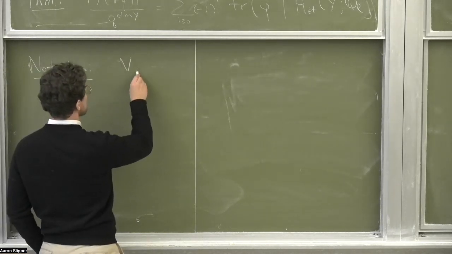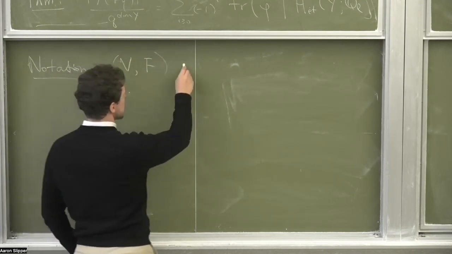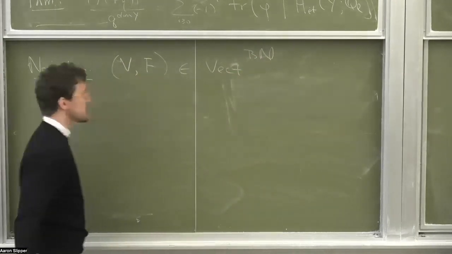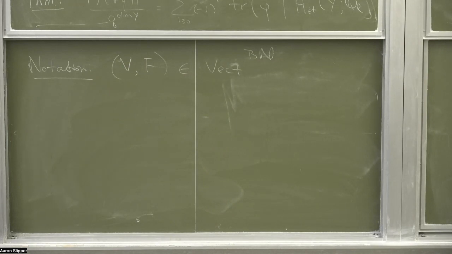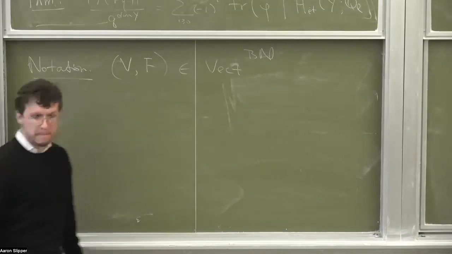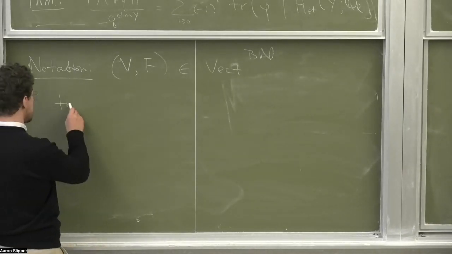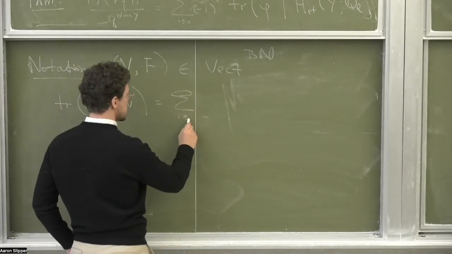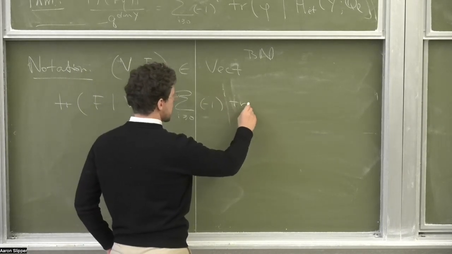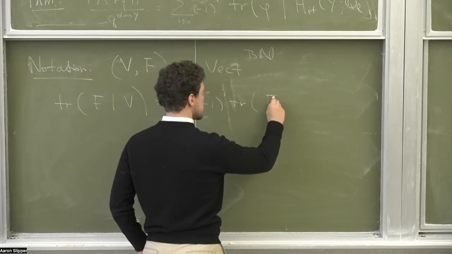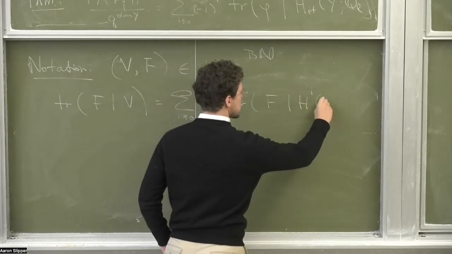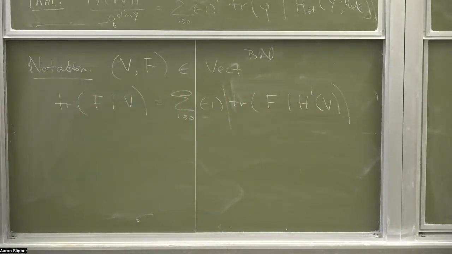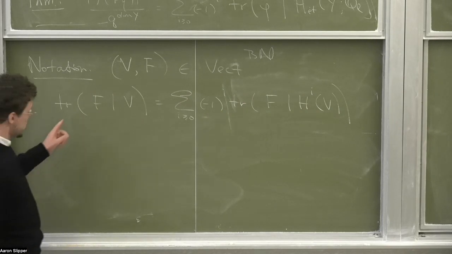Assume I have some V with an endomorphism F, so just a vector space with an endomorphism, where vector space means a direct sum, and take the trace of the map on each homology.